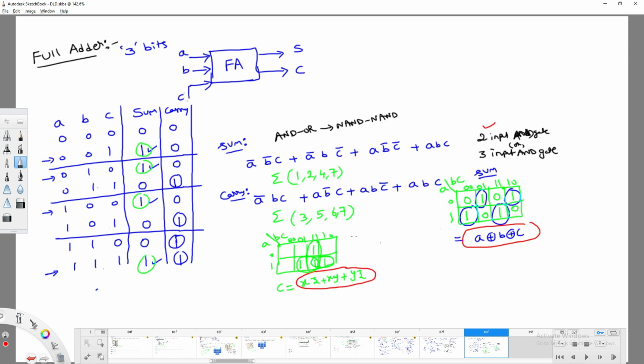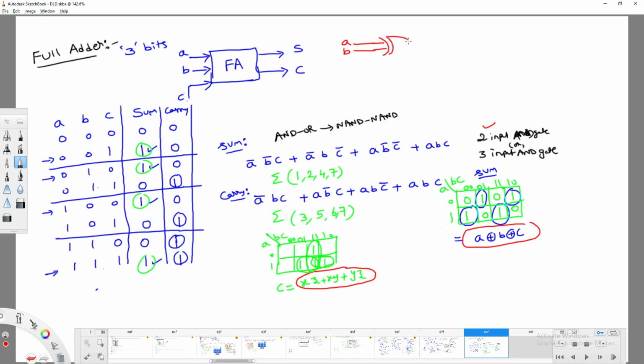So if you construct the circuit for sum, how are we going to do that? I am going to have A and B as inputs.